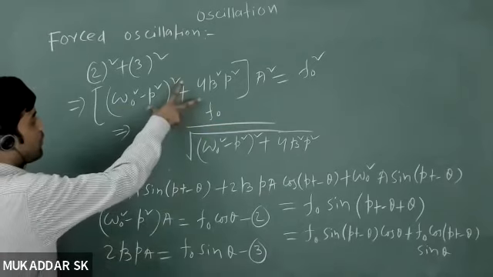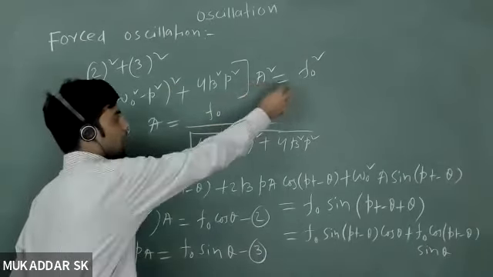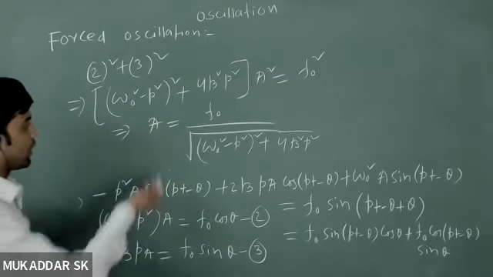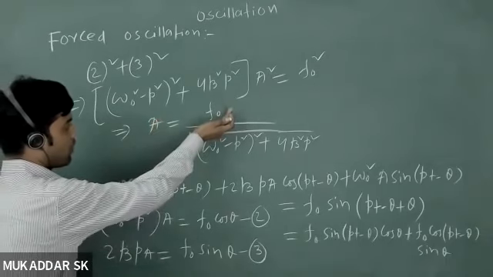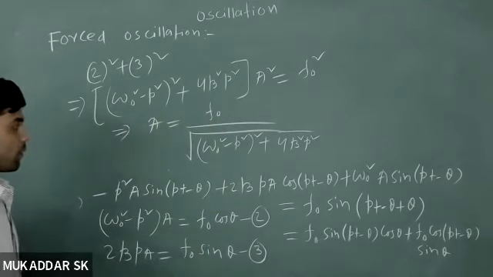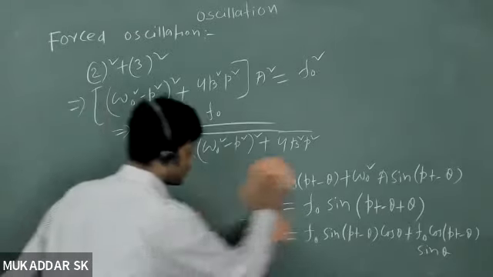So this term will become a square root of this itself. A square will become a, and f naught square will become simply f naught. So now if you rearrange, you will get the amplitude of oscillation, that will be f naught divided by square root of (omega naught square minus p square) whole square plus 4 beta square p square. So this is all about your amplitude of oscillation under forced oscillation.